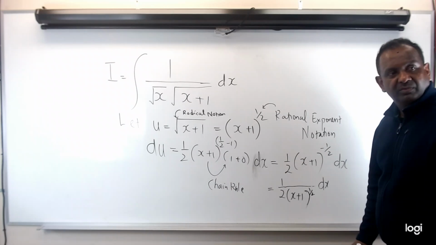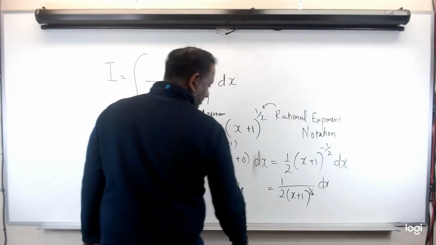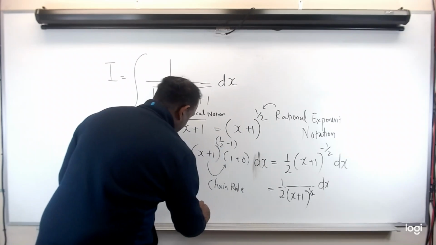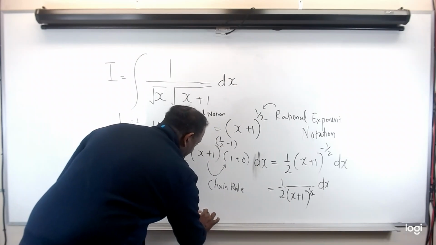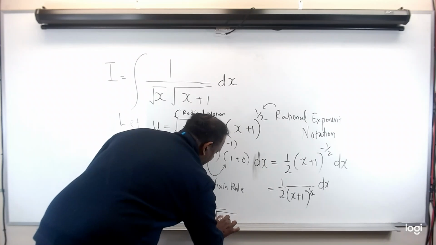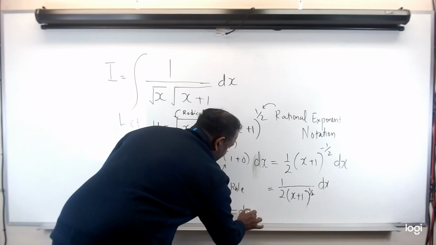I don't like that notation. Therefore I'm going to say du equals nothing but 1 over 2 square root x plus 1 dx.